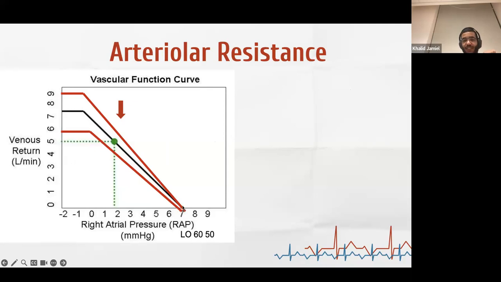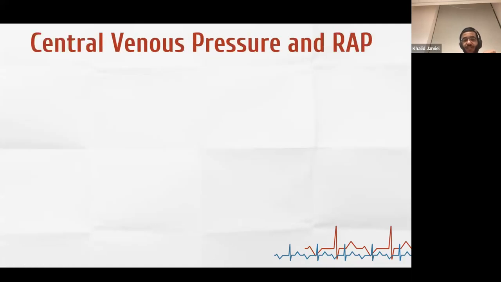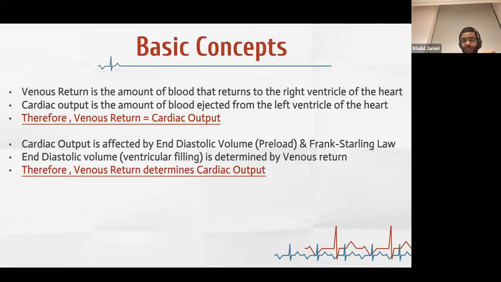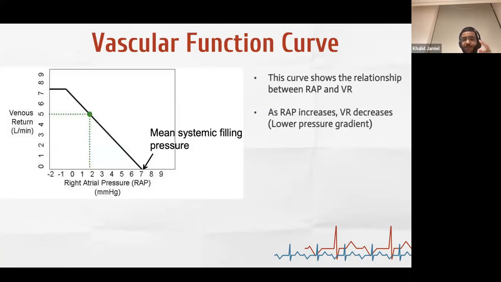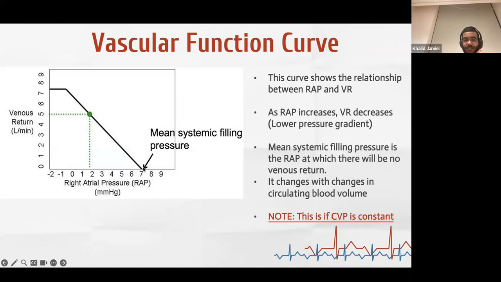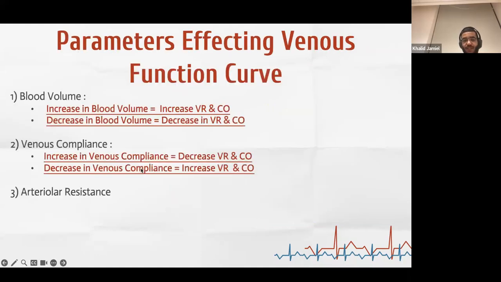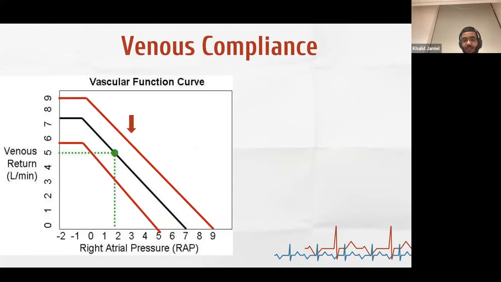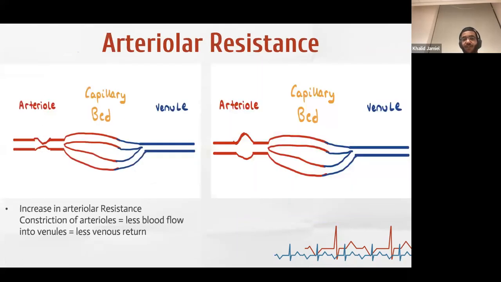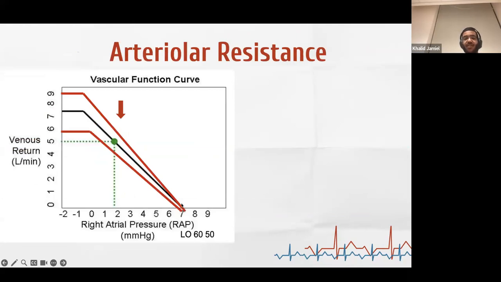If you go back, you remember when I was explaining the meaning of mean systemic filling pressure, I said you can forget about it for now, but it will be of very important significance later. If you notice, in these graphs, it changed. If the graph moved up and to the right, this also went up and to the right, and if the graph decreased, then this also decreased with it. That's in the case of blood volume and venous compliance. However, in the case of arteriolar resistance, it doesn't. It always stays the same.